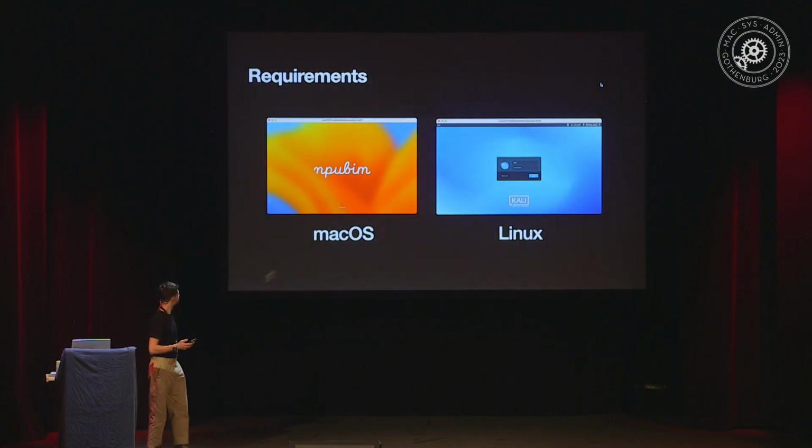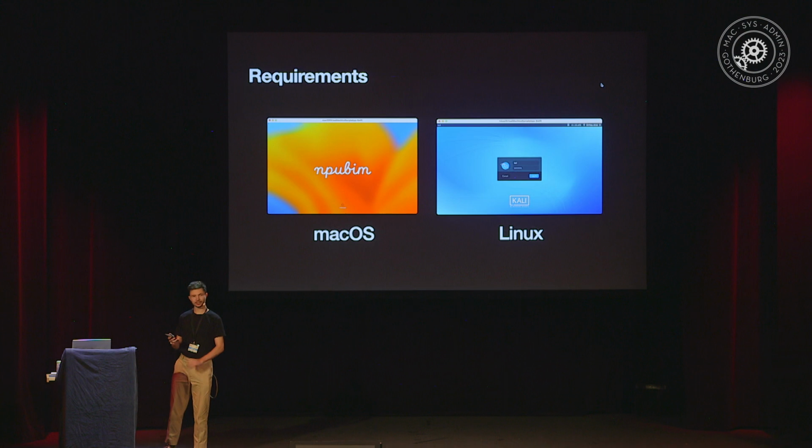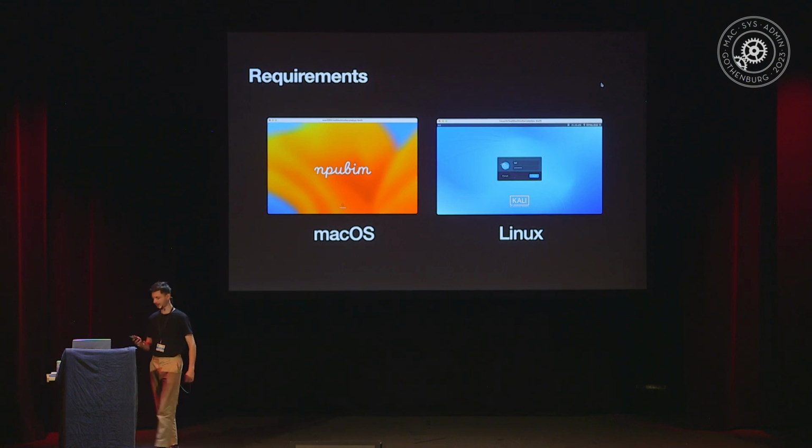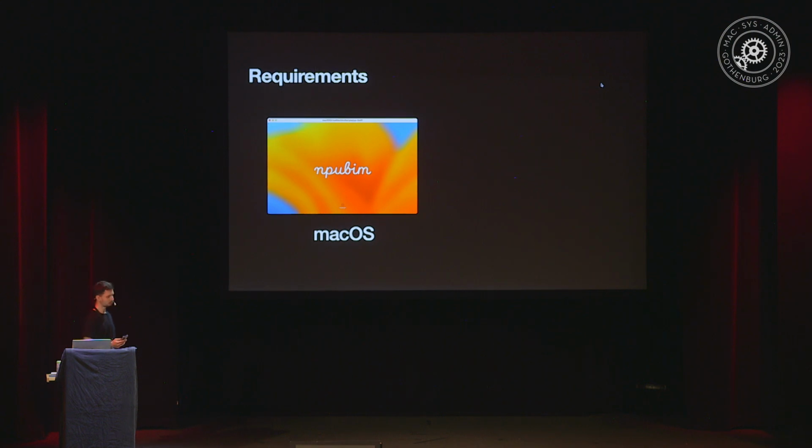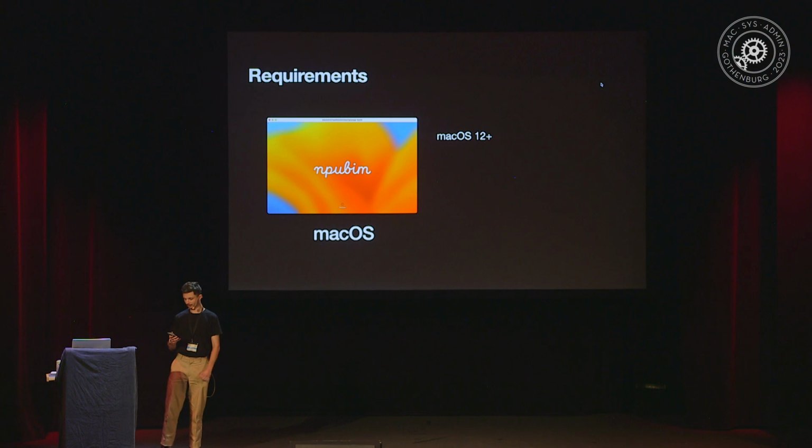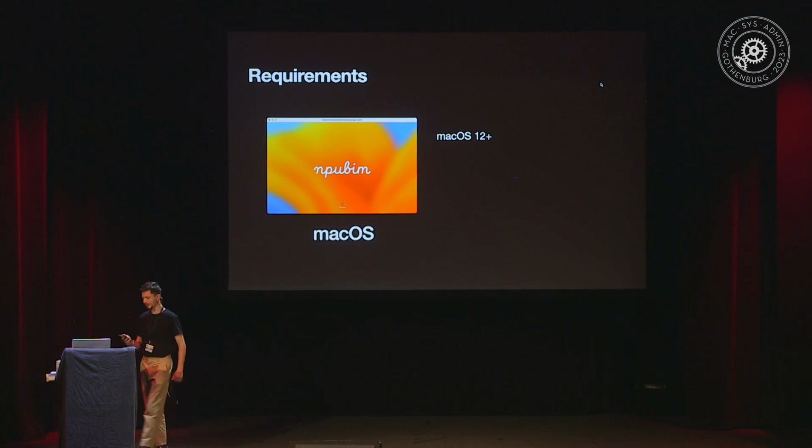So the requirements are slightly different for macOS and Linux machines. Let's first look at macOS requirements. The minimum macOS version supported by the virtualization framework is macOS 12, also known as Monterey. It relates to both host and virtual machine, and later I'll explain why that is.